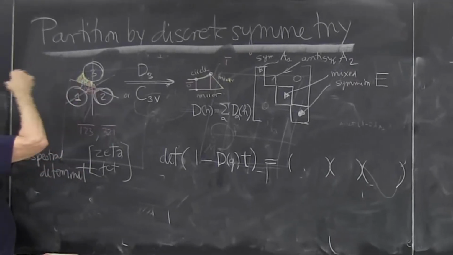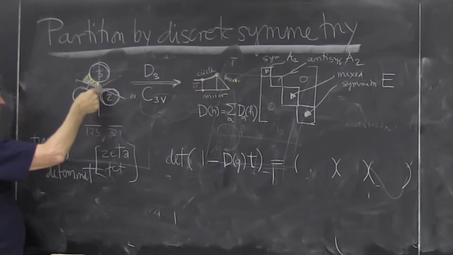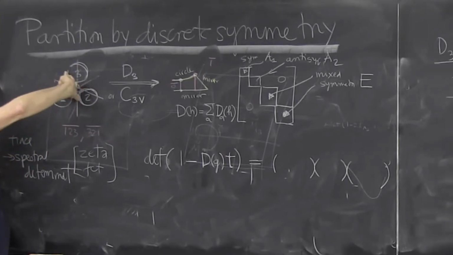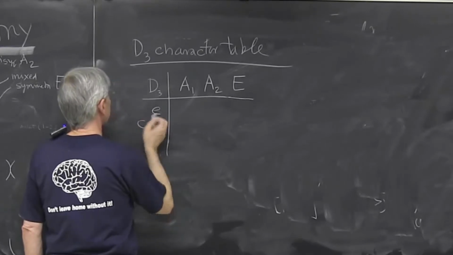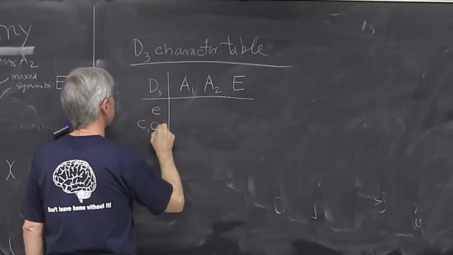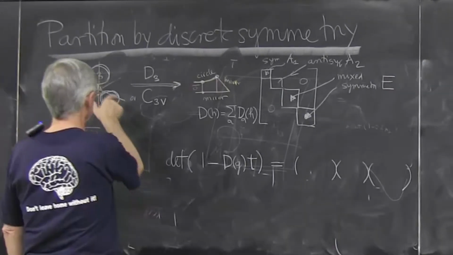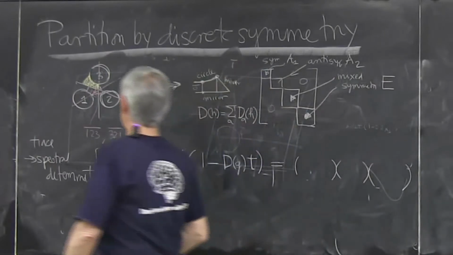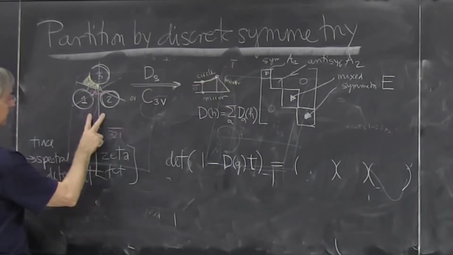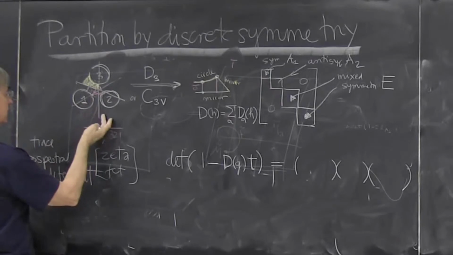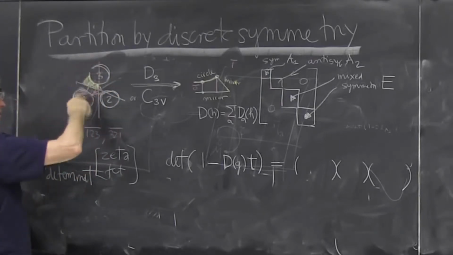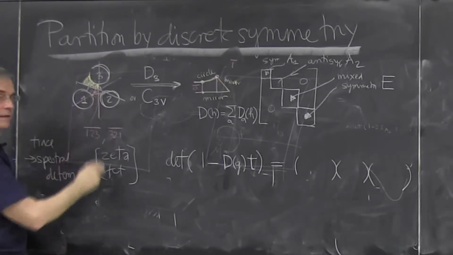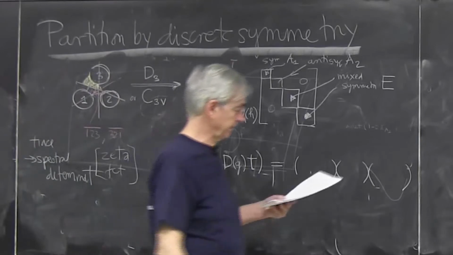Then there are 2 operations which move you around. You can turn by 1/3 or 2/3. So if 1/3 is called capital C and 2/3 is doing it twice, that's a group of its own. And then it has 1 element which is reflection. Of course there are 3 reflections, but as a class there's only 1 type of thing. So you can either rotate or you can reflect.